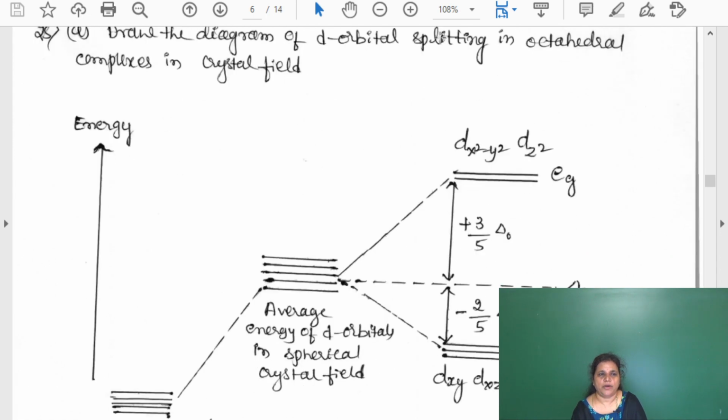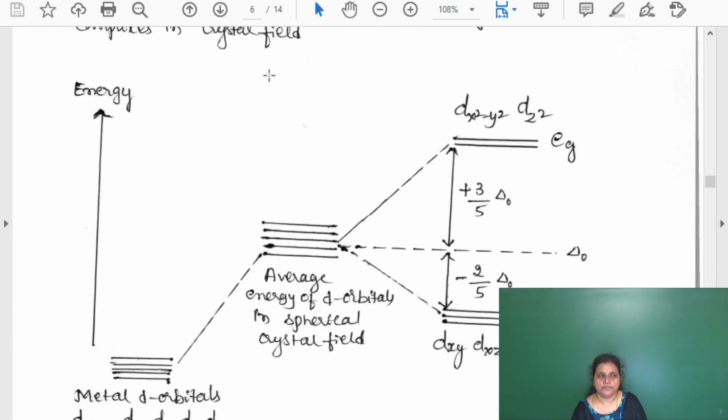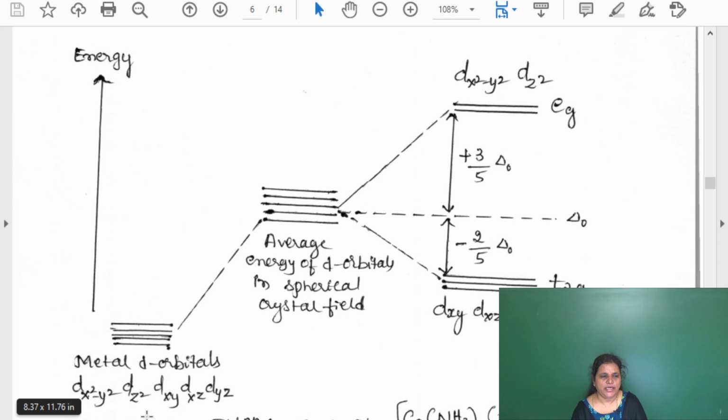Draw the diagram of d orbital splitting in octahedral complexes in crystal field. Here the metal d orbitals contain 5 d orbitals: dx square minus y square, dz square, dxy, dxz and dyz, with energy increasing from here to here. This is the average energy of the d orbitals in the spherical crystal field. Then the splitting takes place here.